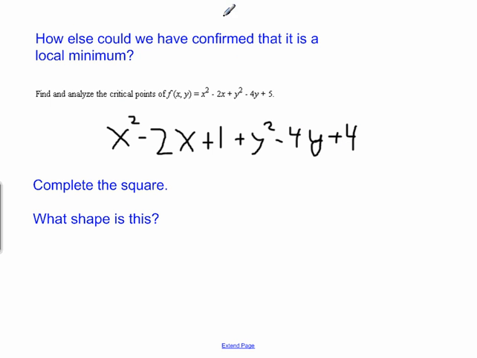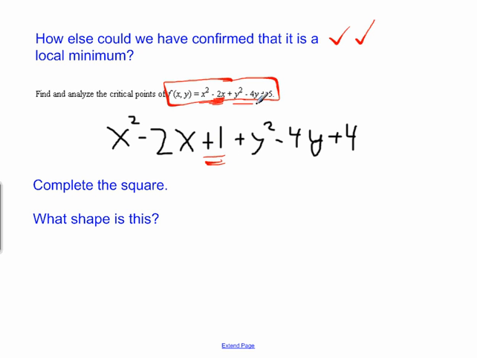Well, another way that we could have confirmed that this is a local min is to take our function and try to re-express it by completing the square. So I've got this x squared minus 2x. I know that what would complete the square there is if I added 1.